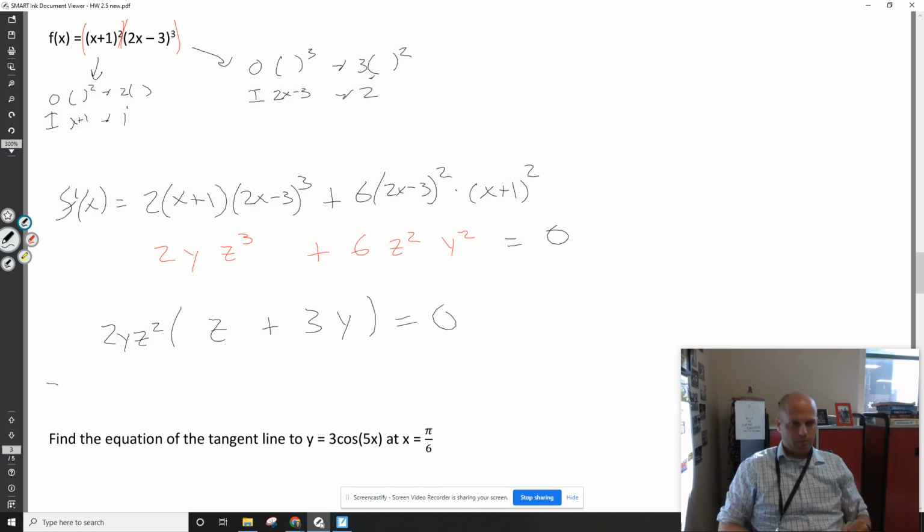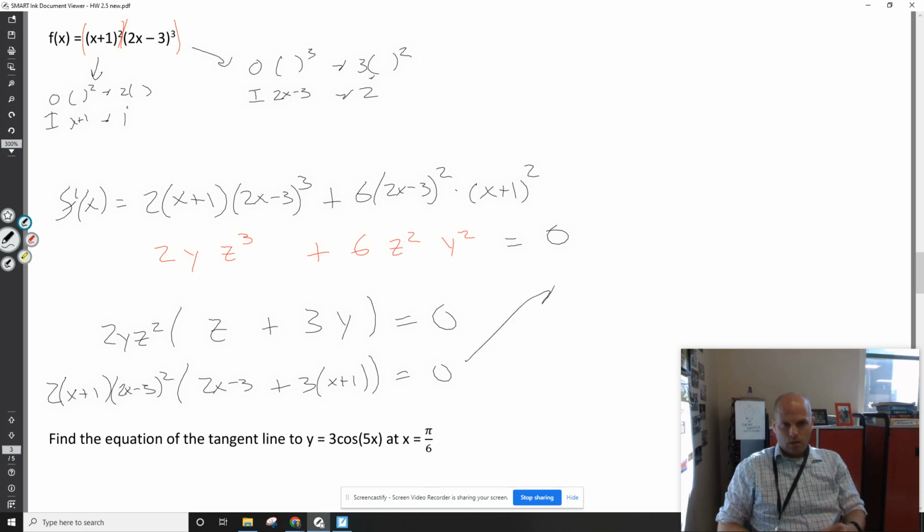Why was this important? Because now we have the following: 2y, z squared, z, 3y. Two x plus 1, 2x minus 3 squared.